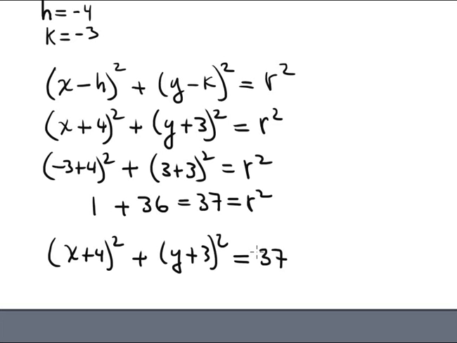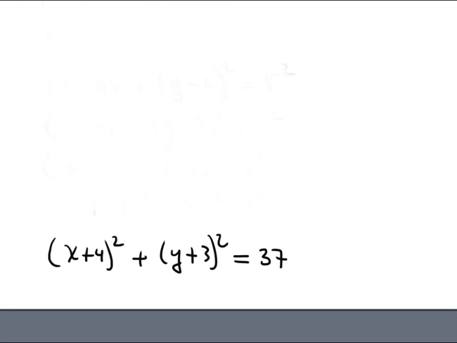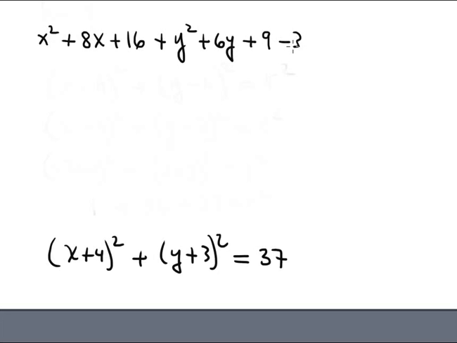Pero they want the answer in a general form. So the only thing you should do is manipulate a little bit this, so expand this, using quick-foil, is x squared plus 8x plus 16, plus y squared plus 6y plus 9 minus 37 equal to 0.